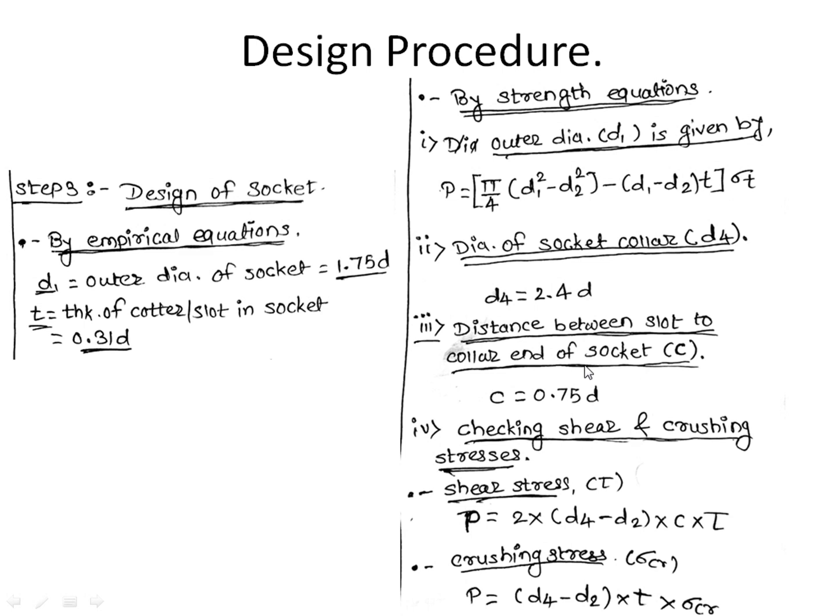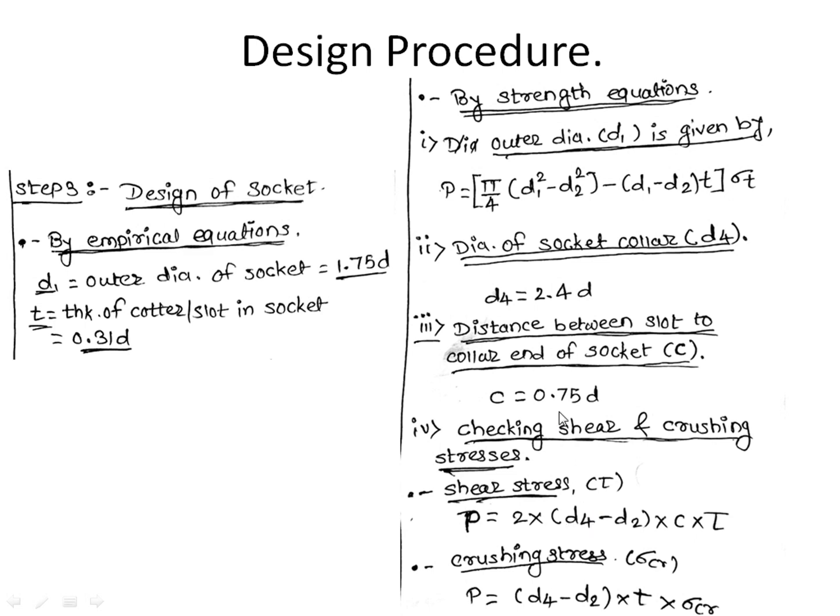Next, after calculating all those dimensions, we have to check for the crushing and shear stresses induced in the socket. The shear stress induced in the socket is given by P is equal to 2 into (d4 minus d2) multiplied by c into tau.